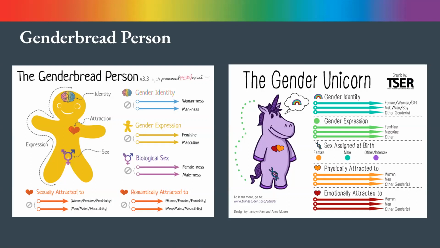The only difference is that it has a third line that represents that there's no in-between of manness and womanness, that is neutral, as much as you can express your gender in any sense. The downside to the gender unicorn is that it has more of an assigned-at-birth category that is just male, female, and other or intersex. That is more limiting.